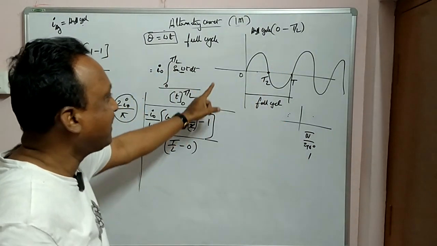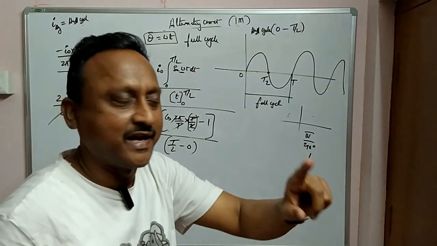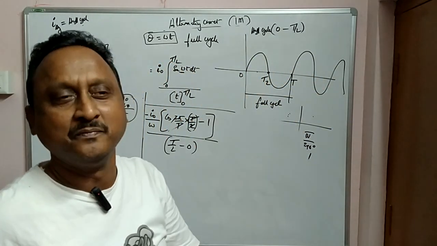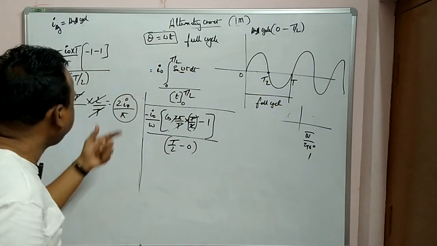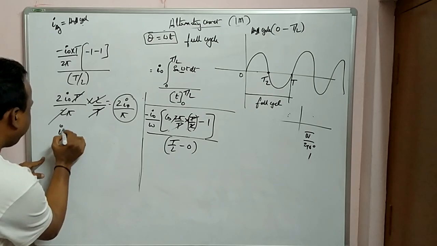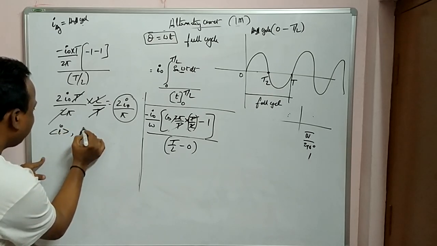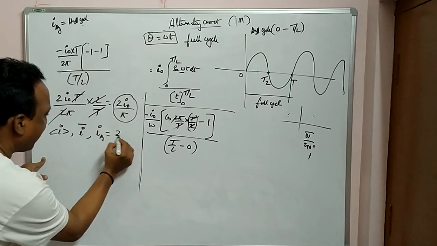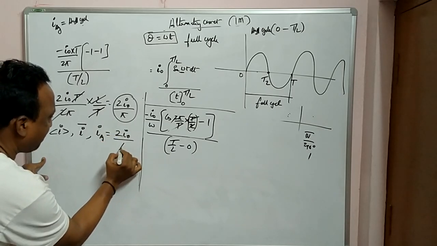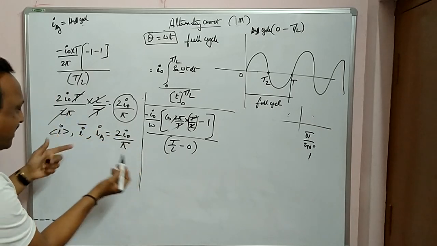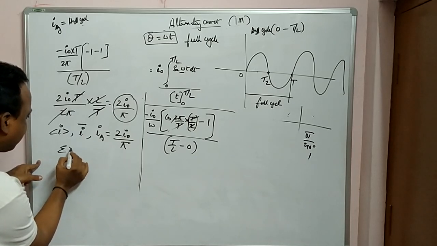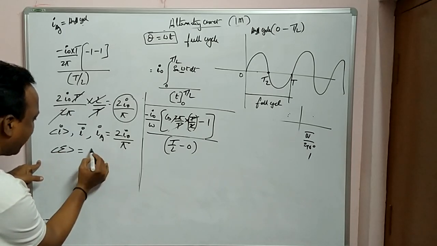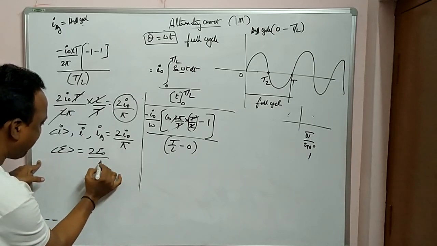Please put it in your mind. For full cycle it is 0, and for half cycle the I average, like this or like this, is given by 2I0 by pi. If you want EMF, E average is given by 2E0 by pi.